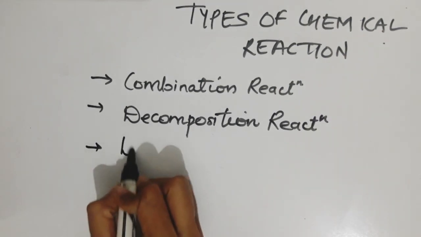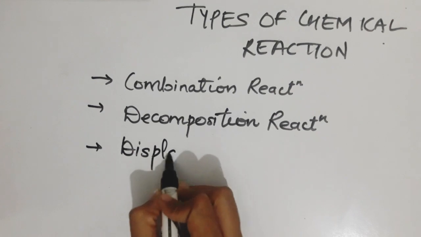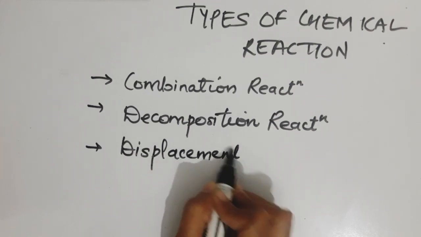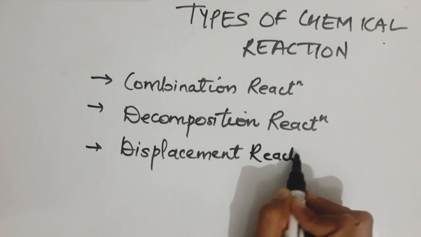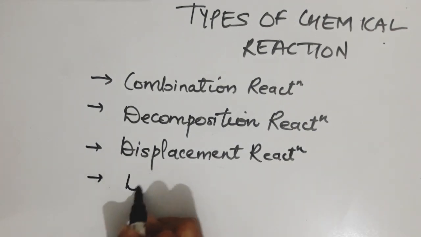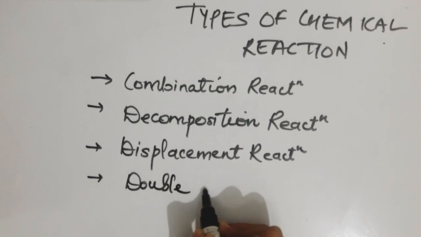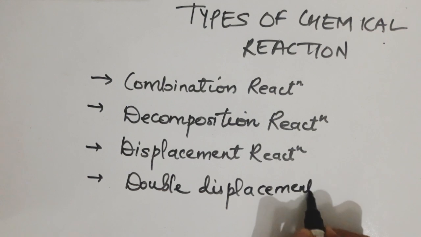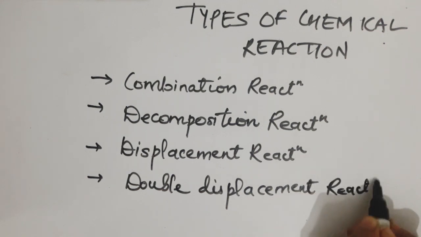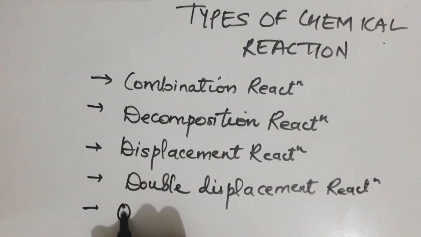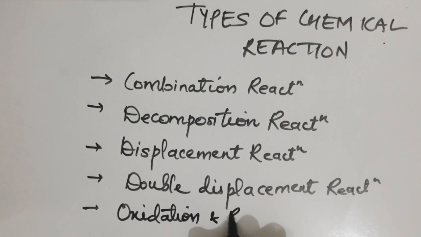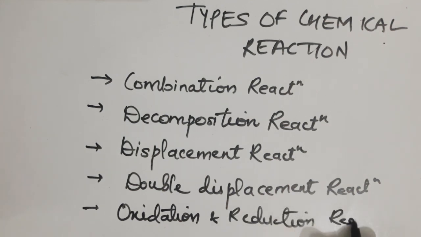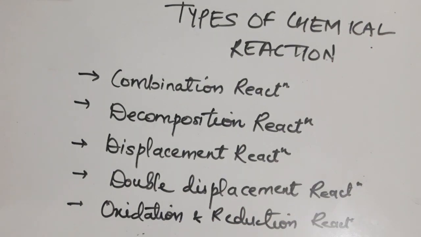Then we have displacement reaction. Then we have double displacement reaction. Then we have oxidation reduction reaction, also known as redox reactions. Technically, these are 5 kinds of reactions.